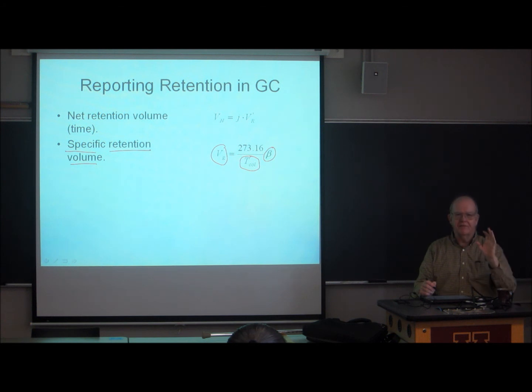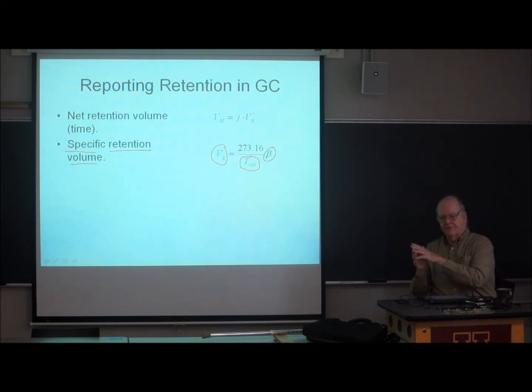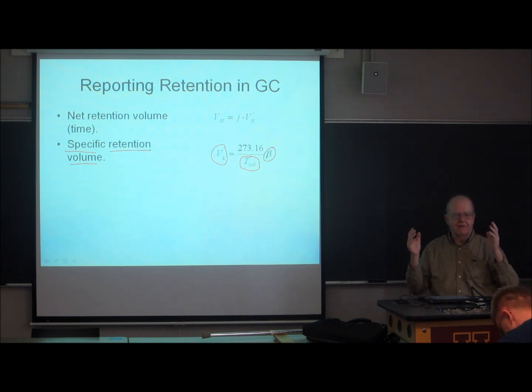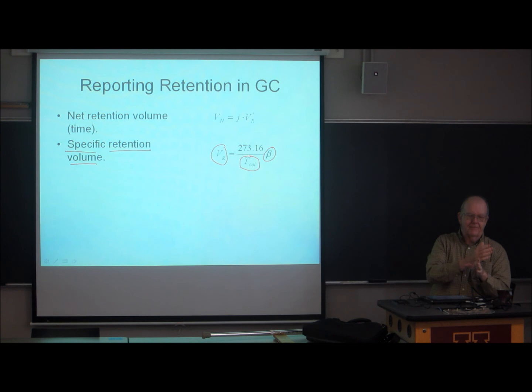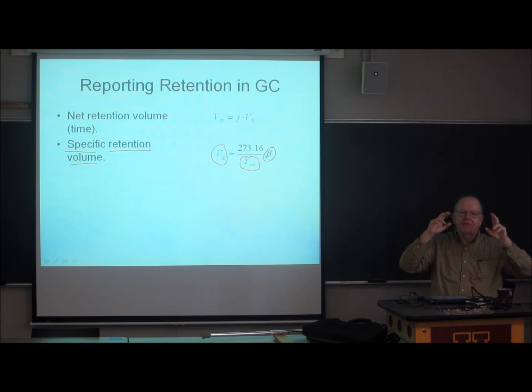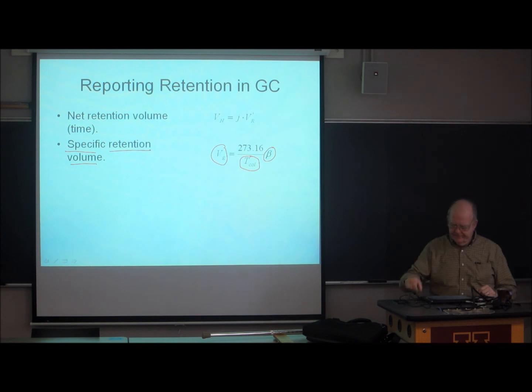This is an attempt to put all measurements on the basis of a 0 degree centigrade standard reporting temperature. In other words, you don't report the retention volume or whatever at the temperature of the column. You report it this way, and so everybody's looking at the number at 0 degrees centigrade.